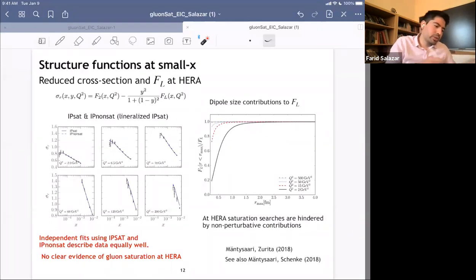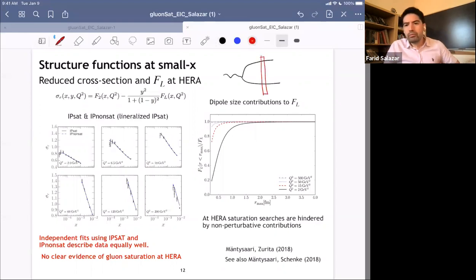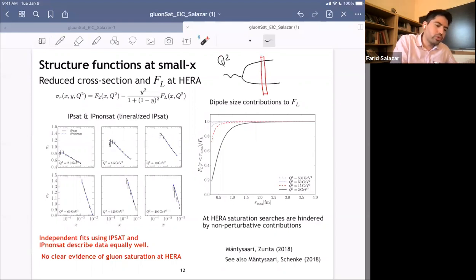In this picture that I showed you before of DIS, you have this virtual photon which splits into a quark anti-quark pair, and then it interacts with this shock wave. But for moderate values of the virtuality of the process, or moderate values of Q square, there could be large dipole contributions. When this dipole gets very large, those are not reliable perturbatively.